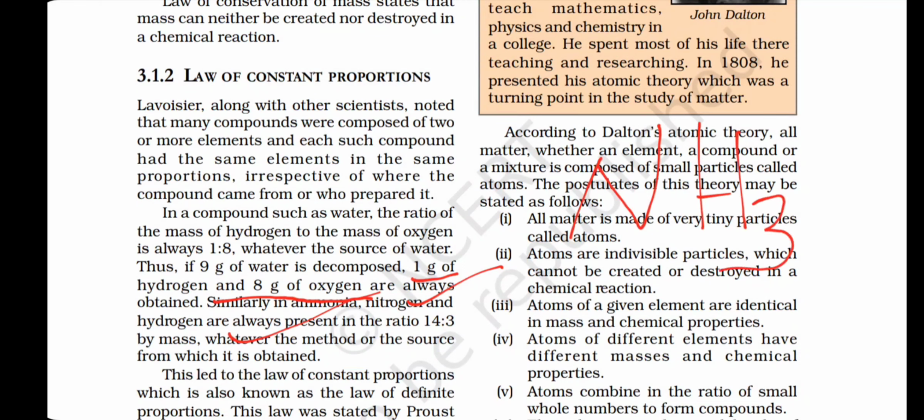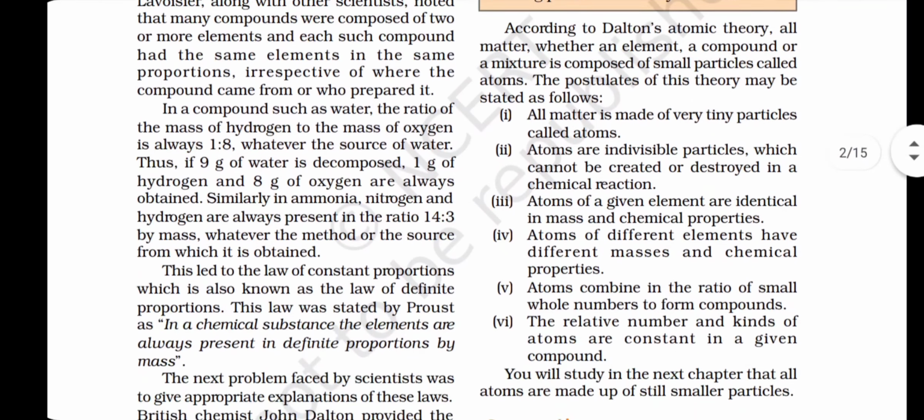The mass of nitrogen is 14 AMU, and hydrogen, with 3 atoms, is 3 AMU. So it is always in the same ratio by mass. It does not matter where it is obtained from.